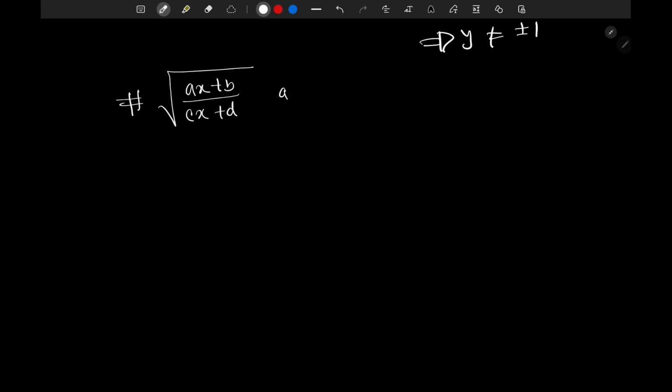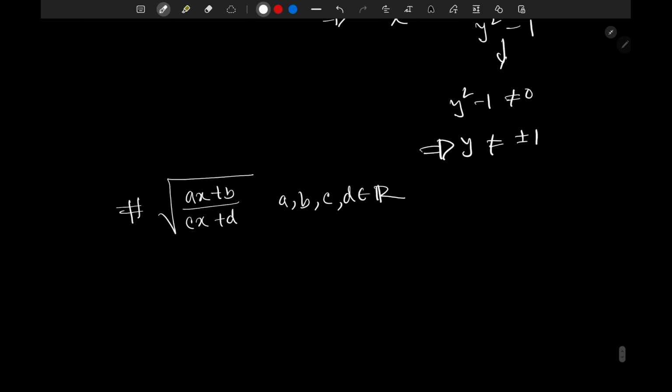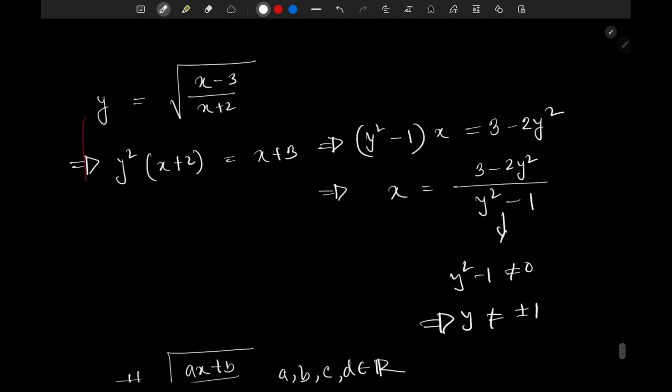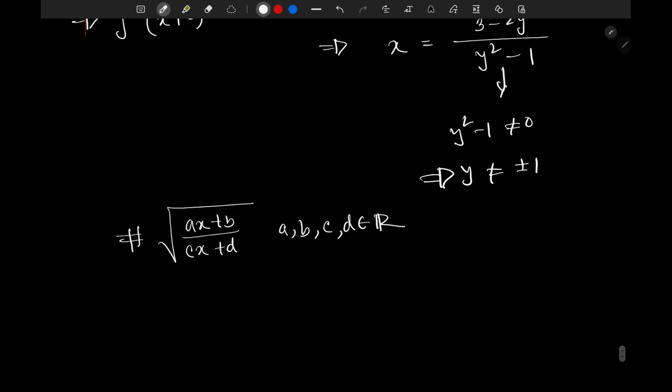So what I was saying is that if you have any sort of a fraction like this, ax plus b divided by cx plus d, where a, b, c, d are real numbers, you can solve them by using the method that I just discussed over here. The rules will be the same. Obviously, you will have some a, b, c, d where a will be greater than d, b will be greater than c, or c will be greater than d, and so on. But the general rule of thumb is the same thing.